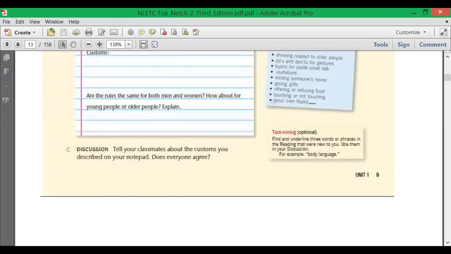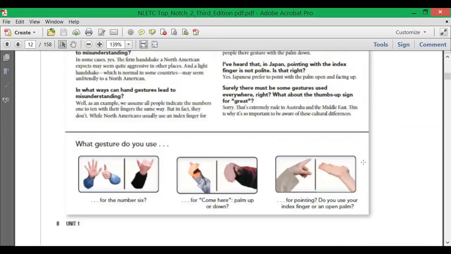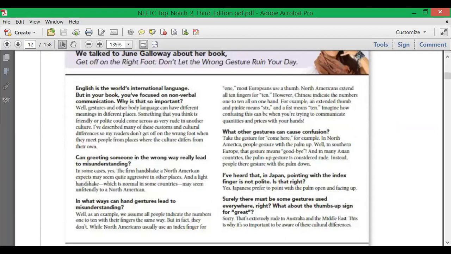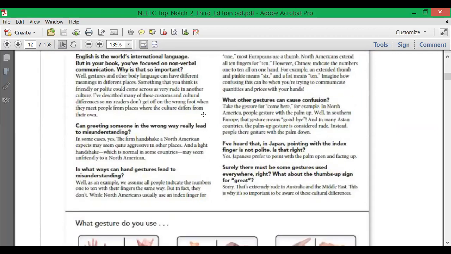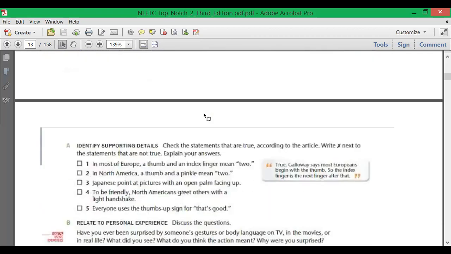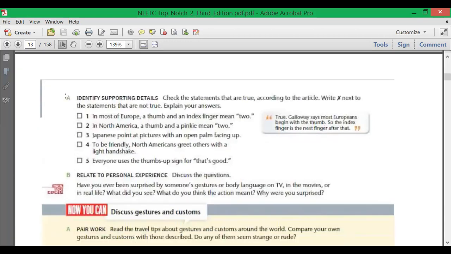So that is page number 9, right? And we have page number 8. That one is the reading. And page number 9, what is the instruction on page number 9, Rudy? Identify.